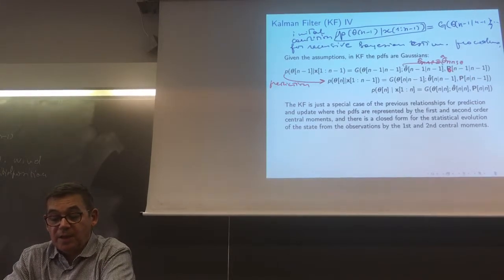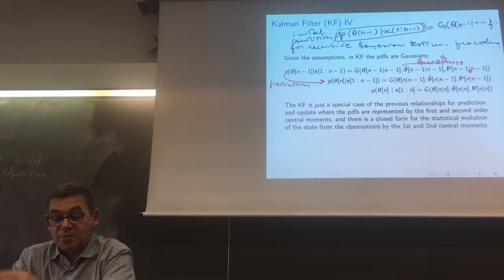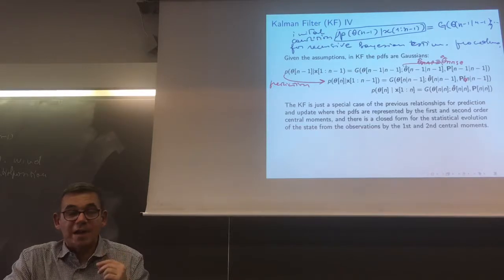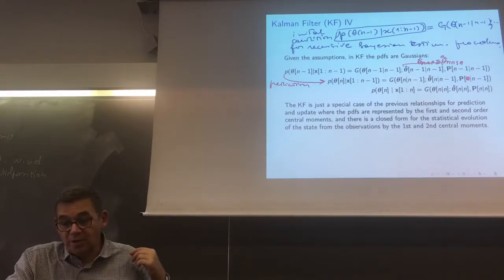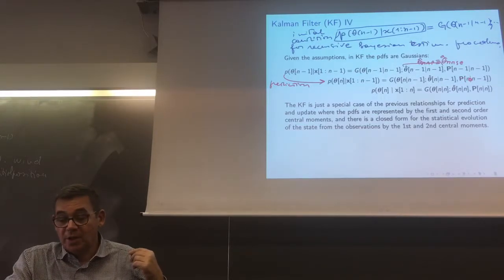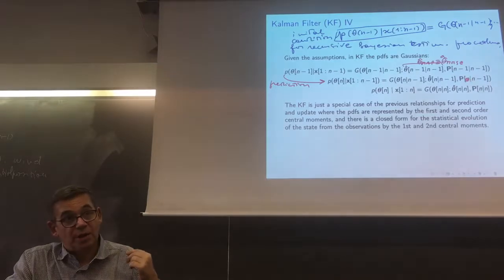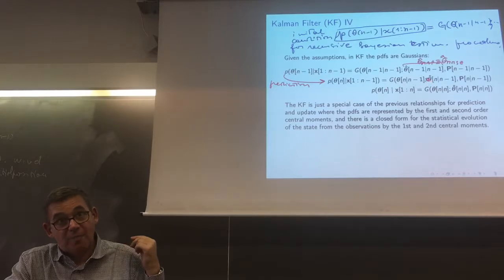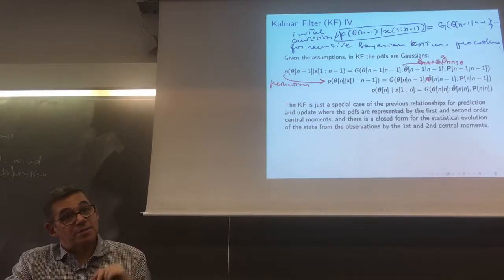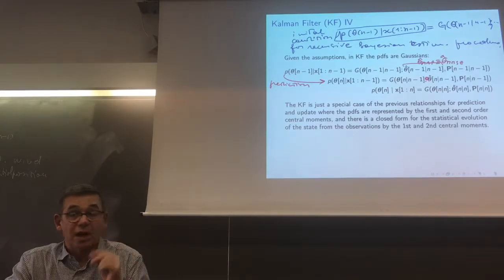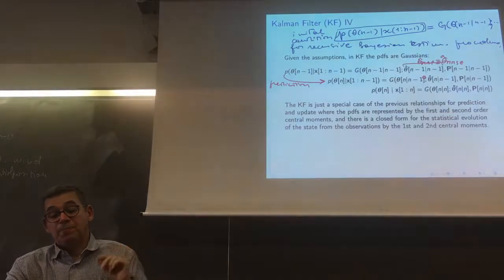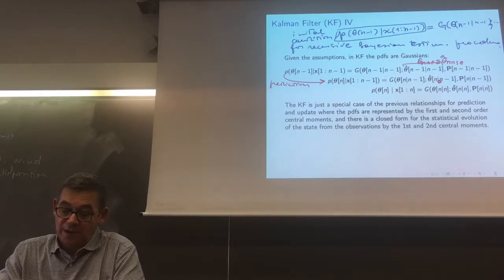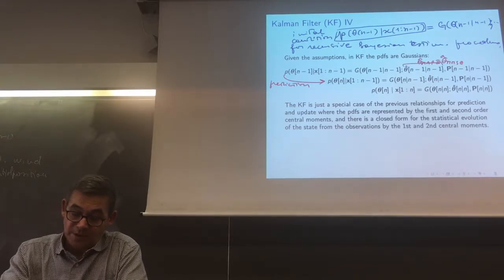Here is P n minus 1 given n minus 1, which means given all the data up to n minus 1. And here is the covariance of n given all the samples up to n minus 1. This one is the a priori covariance, and this one, theta hat, is the a priori estimate. So it's the estimate of the position of the target, of the parameter, by using the predicted values. This is the prediction step.